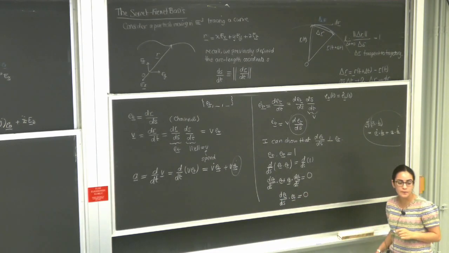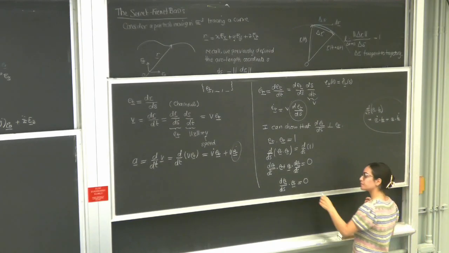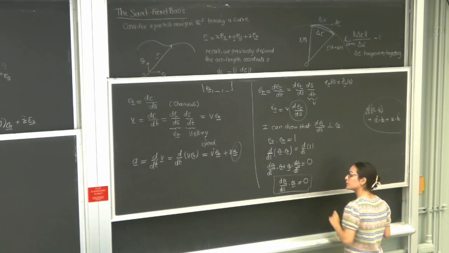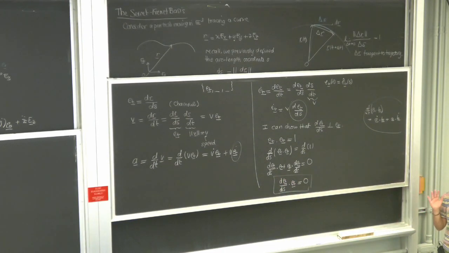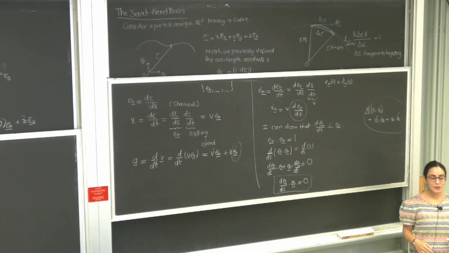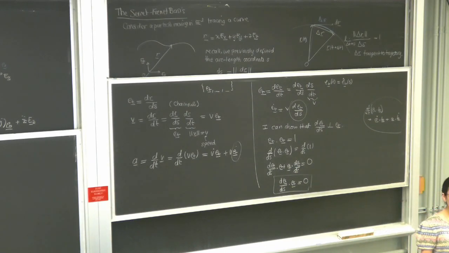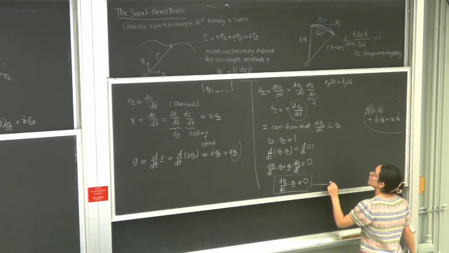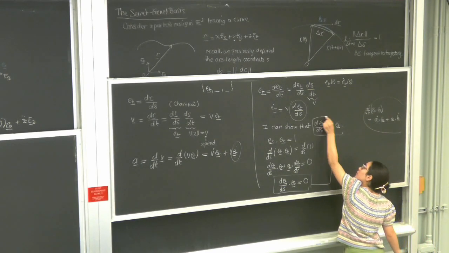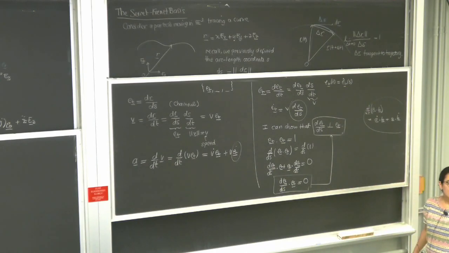So I'll get rid of the 2 and I'll get that de_t by ds dot e_t is equal to 0. So what does that mean? If de_t by ds dotted with e_t is equal to 0, what does this say about these two vectors? They're perpendicular, right? So these two vectors are perpendicular.